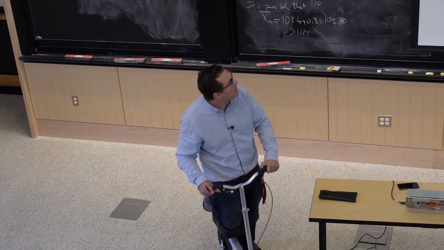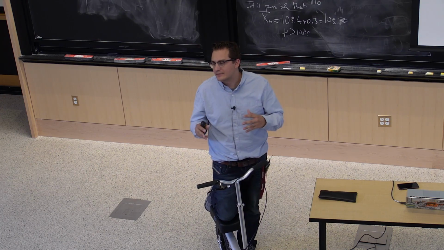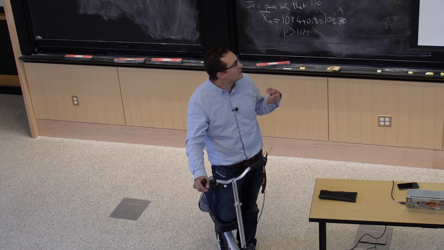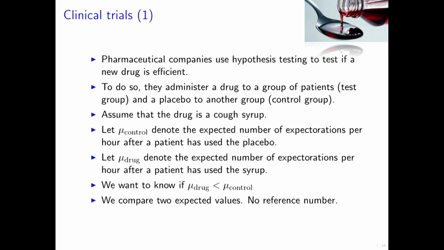All right, so what we're going to do is split our patients into two groups. There's going to be what's called a test group and a control group. The word test here is used in a different way than hypothesis testing, so I will just call it typically the drug group. And so I will refer to mu drug for this group. Okay, so now let's say this is a cough syrup.